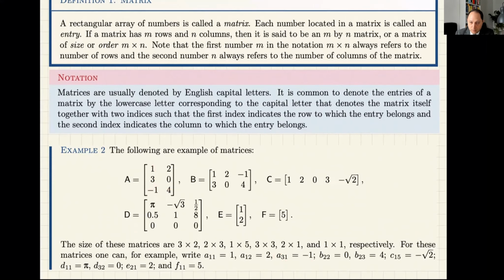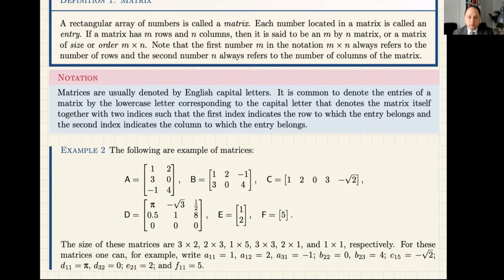Or, for example, I can go here. This is little c, so it means that I am referring to the entry of the matrix denoted by capital C. The entry is sitting on the first row and fifth column, which is equal to minus square root of 2. And if you have any questions, please interrupt me.